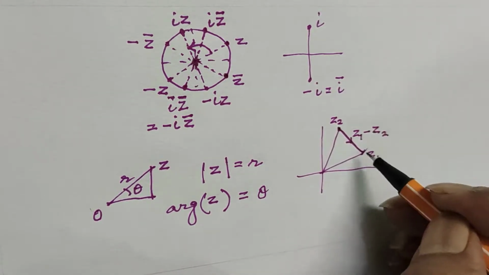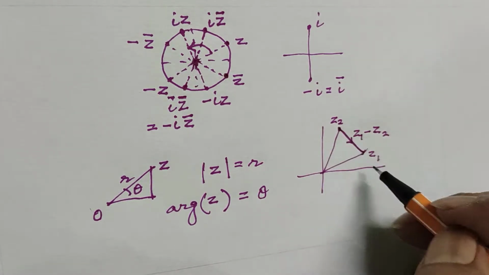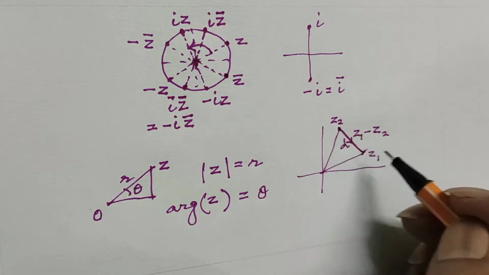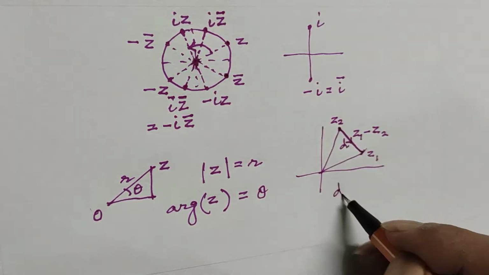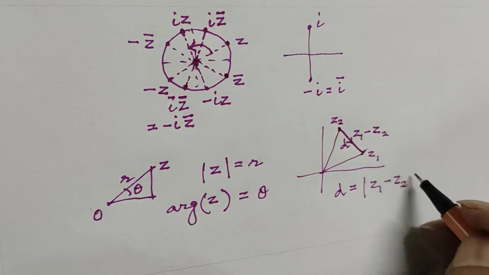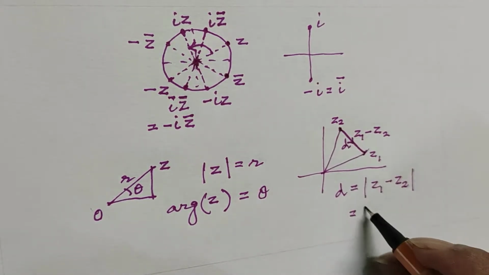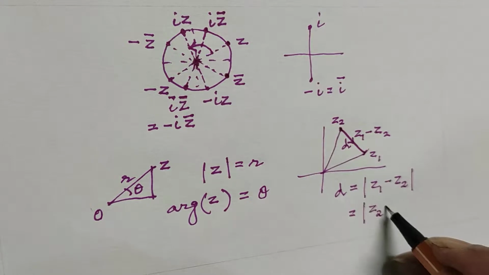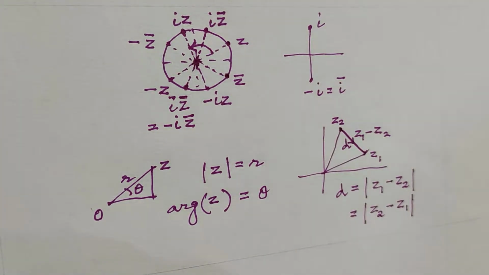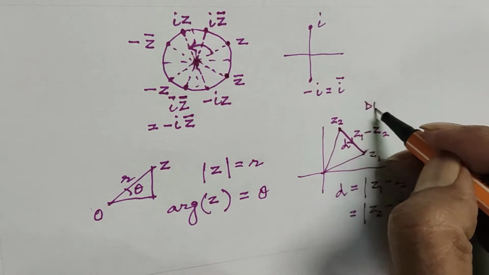If the arrow is in the other direction, we call it z2 minus z1. But this distance d between z1 and z2 can be written simply as modulus of z1 minus z2 or z2 minus z1, which is the same thing because the distance doesn't change. This has to be noted, distance between 2 points.